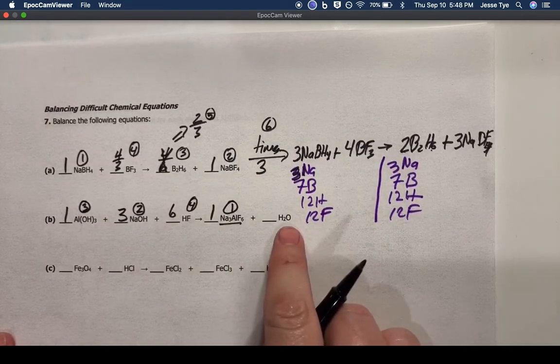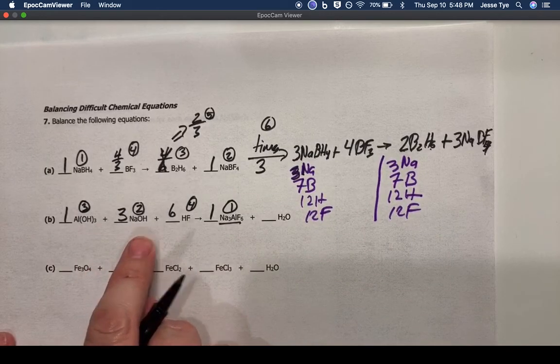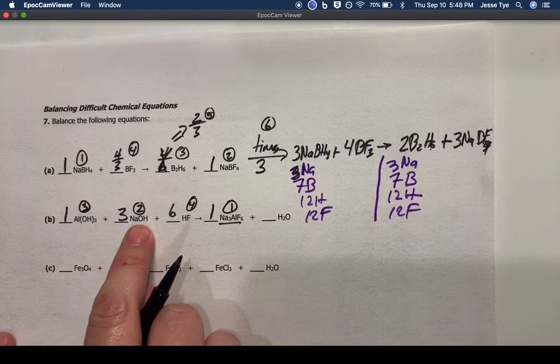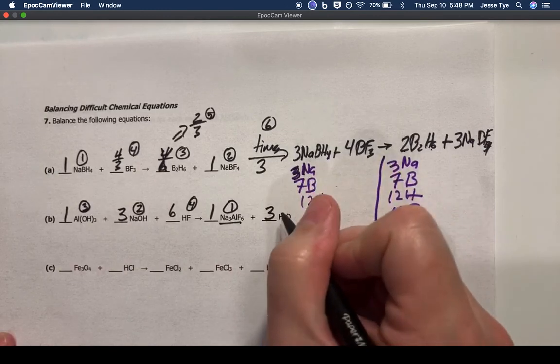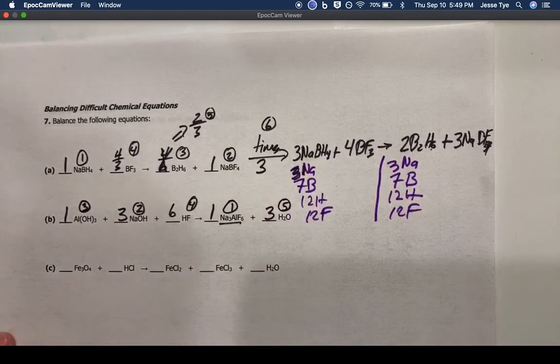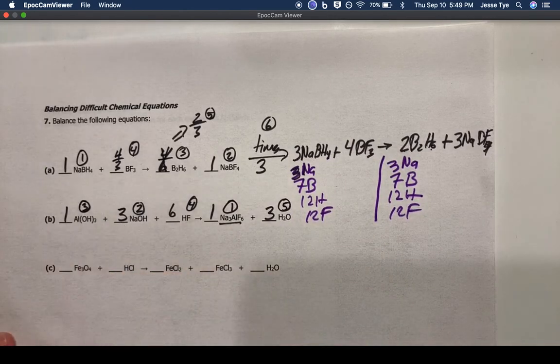And now I don't have anything else to balance against this, so I'm going to balance against what I have over here. So I have committed to 3 oxygens. So let's see what that does for us. 3 oxygens right there. And that was step 5. So 6 hydrogens, and let's do this.